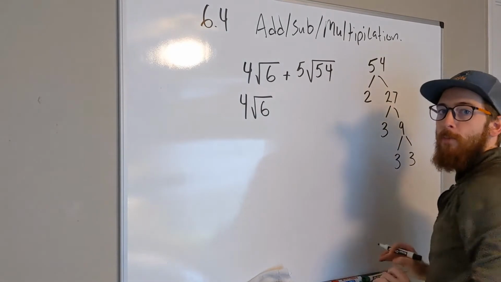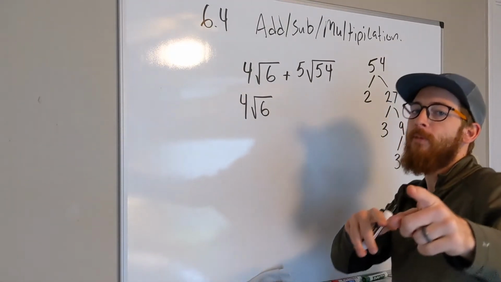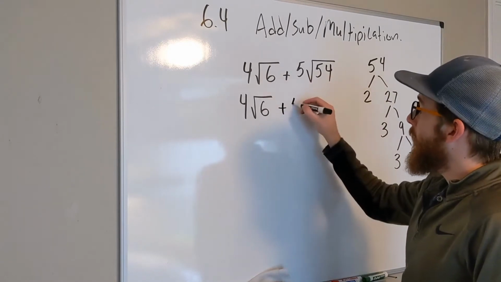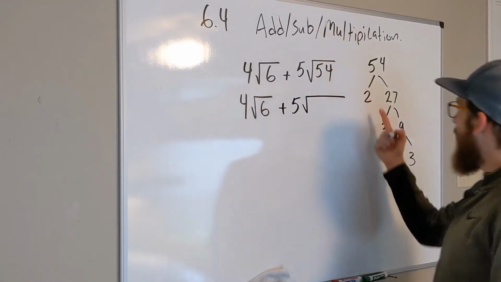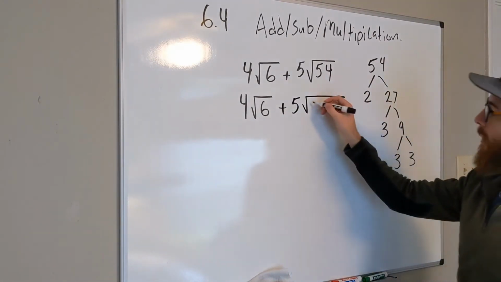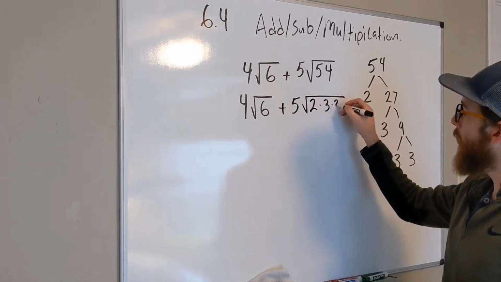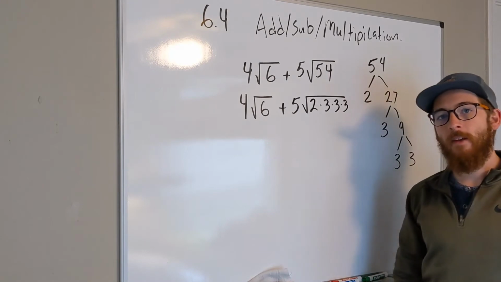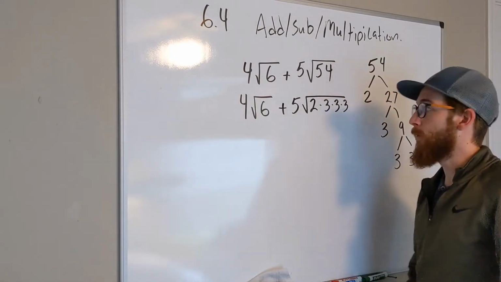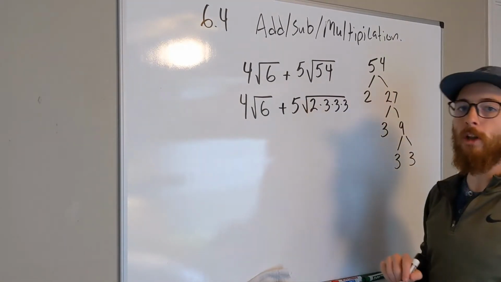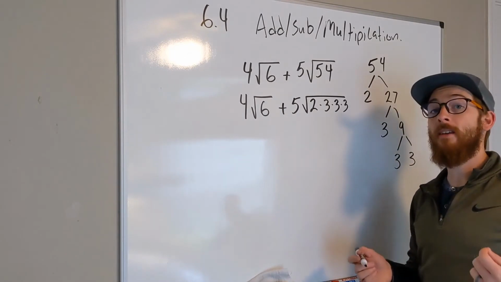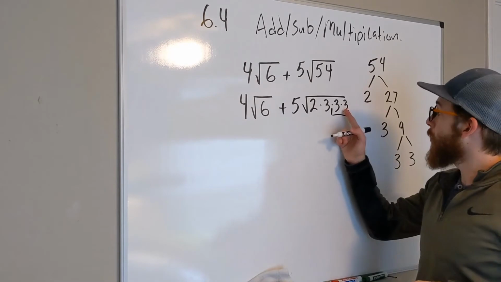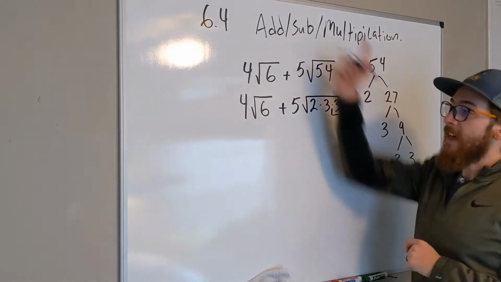You thought you got away with simplifying, but it's back. I still have the 5, but now I have 2, 3, 3, 3 inside. What kind of root is this? It's the square root. So if it's the square root, we're looking for groups of how many? Groups of 2. So I've got a group of 2 here, so I'm going to take that outside.